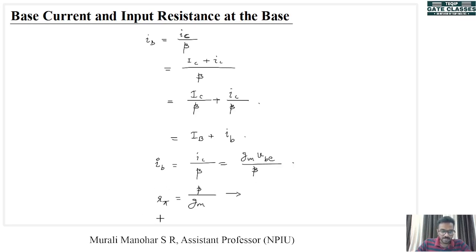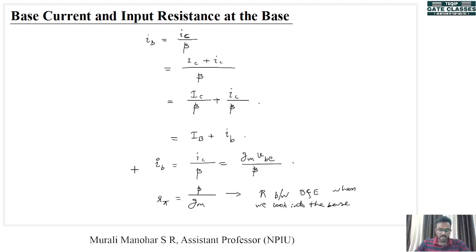So this r pi is the small signal resistance between base and emitter when we are looking into the base. Okay, I'm writing it as the resistance between base and emitter when we look into the base.